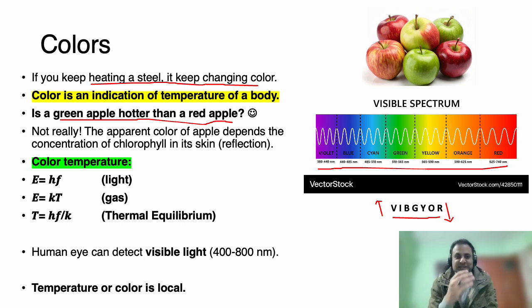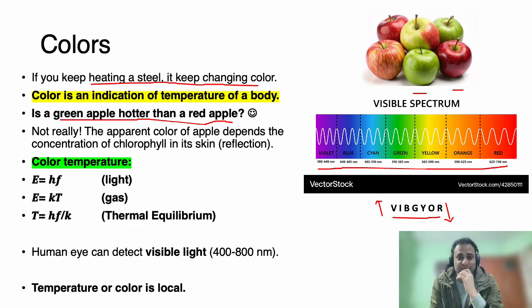The simple explanation for why some apples look green and some look red is that it depends on how much chlorophyll the apple has on its skin, because the chlorophyll absorbs other wavelengths and reflects only the green. So apparently both apples are the same.